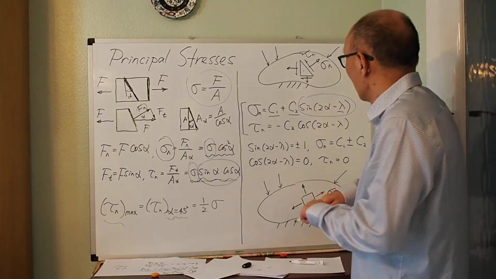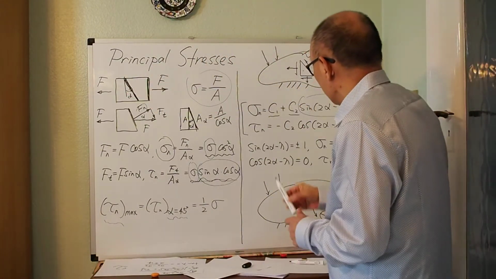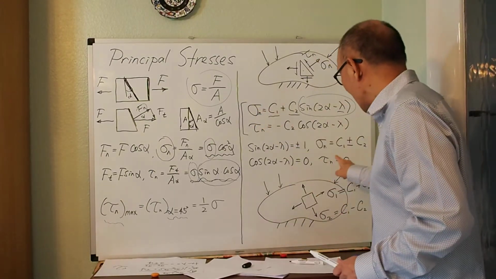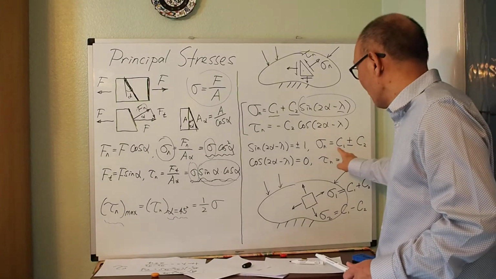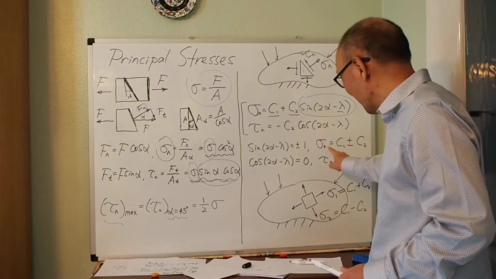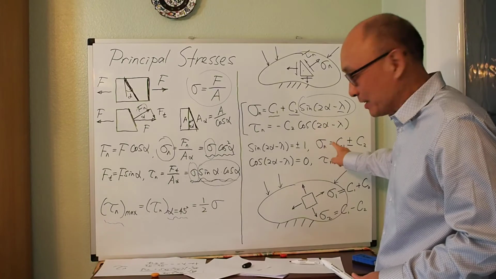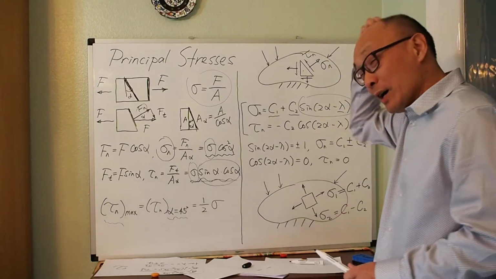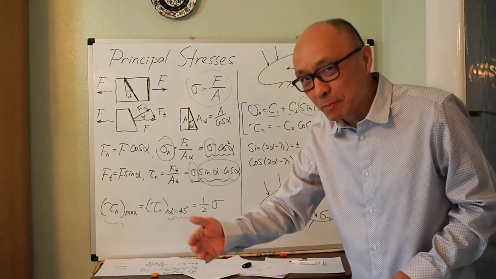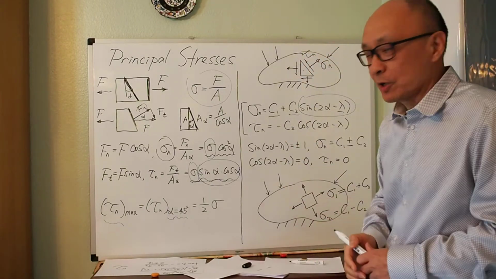If I look at all the possible angles, the maximum normal stress is either C1 plus C2 or C1 minus C2. So these are the principal stresses. C1 plus C2 and C1 minus C2 are called the principal stresses. They are the maximum or minimum direct stresses at a particular point.